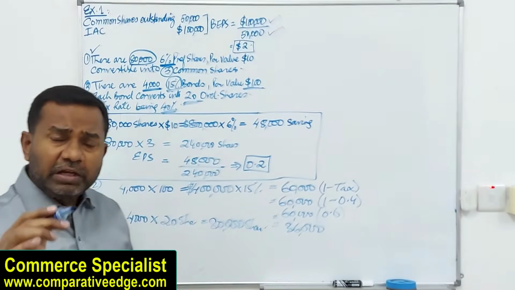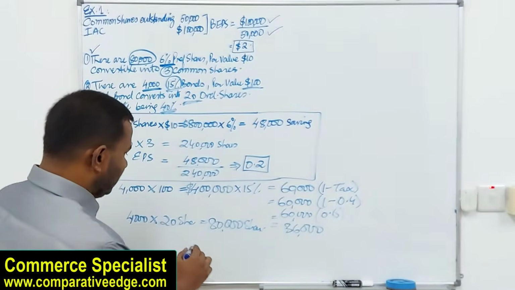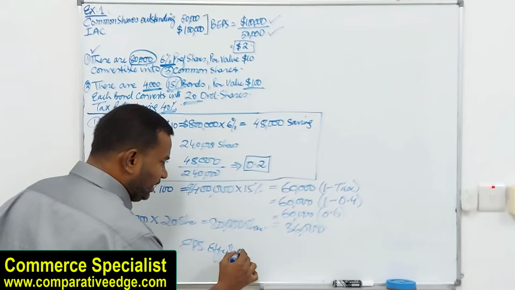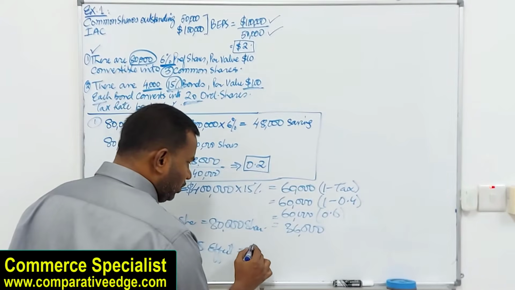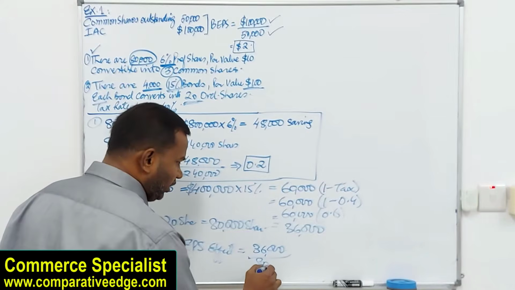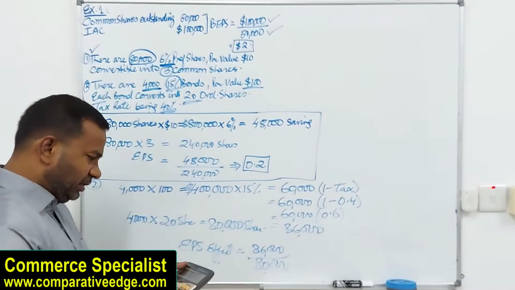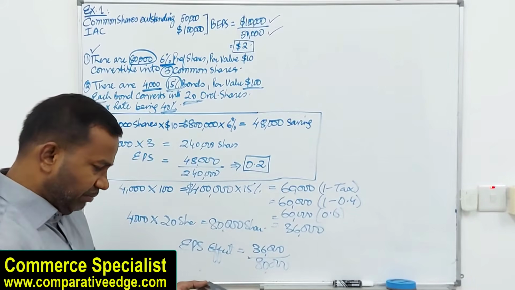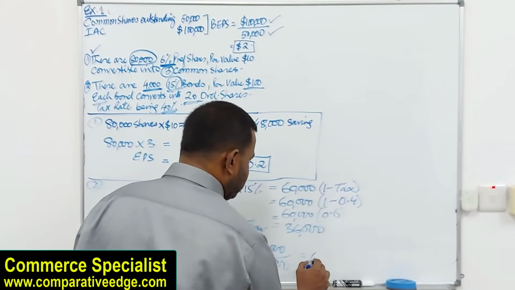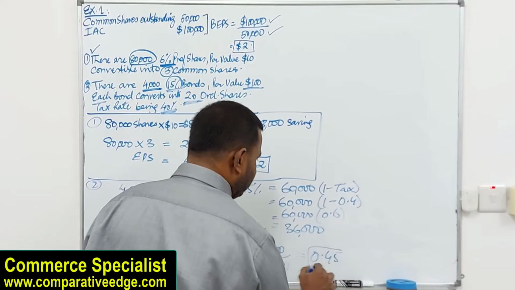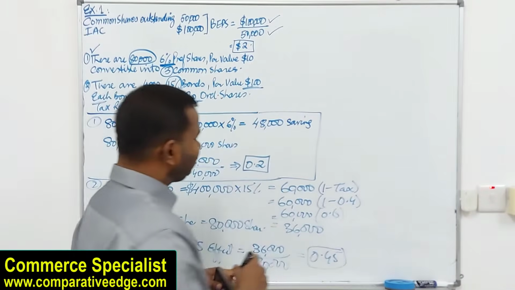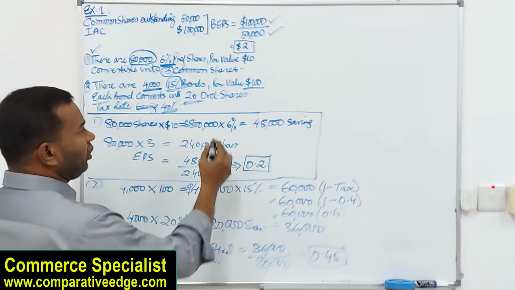So finally, the EPS effect: in the numerator you are saving 36,000, in the denominator you will have 80,000 more shares. When you divide 36,000 by 80,000, you get 0.45.